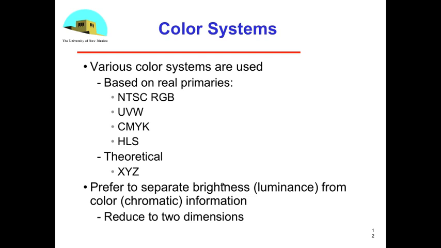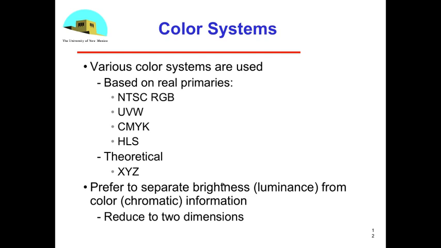But that comes not from the issue about the phosphors and the sensitivity. It has to do with the more technical aspects of how that information is encoded, and I'll touch on that in a few minutes. UVW turns out to be another NTSC system that's much better for transmission.